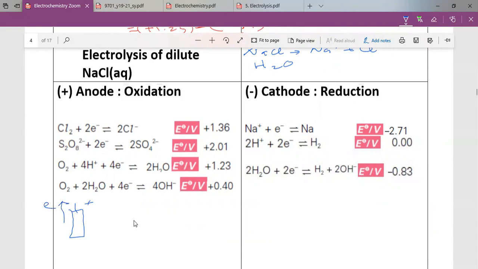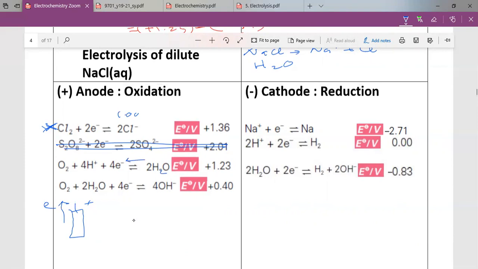Now remember, I put out all the possibilities. Now this Cl- is only considered if the concentration is 1.00 mole per dm cube, but it's not. It's dilute, so you cannot consider this anymore. Water, H2O, because H2O can also give electrons.